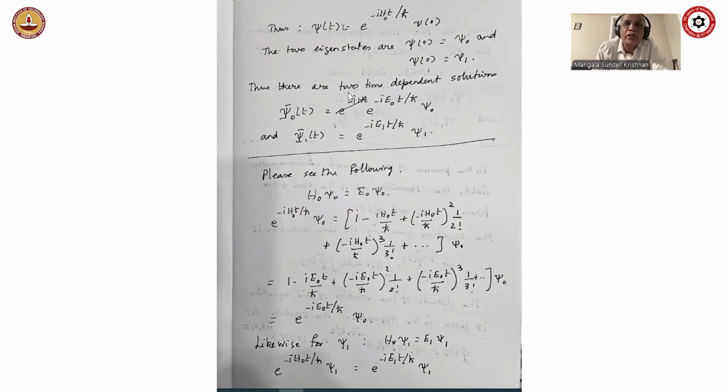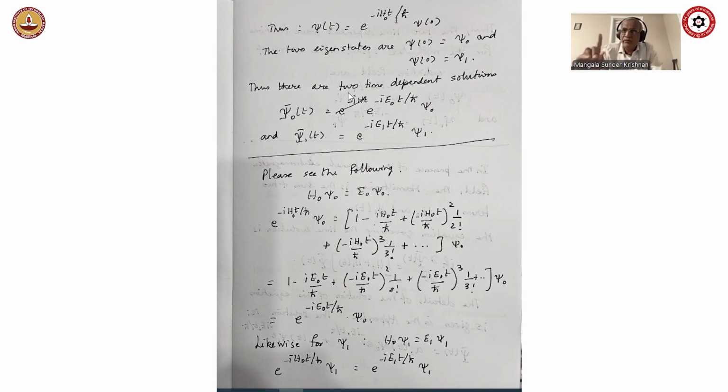So the solution you will get for psi of t is exponential of minus i H naught t by h bar times psi of 0, for some initial state psi of 0. The wave function at some other time is given by the evolution operator. This is called the evolution operator, e to the minus i H naught t by h bar.